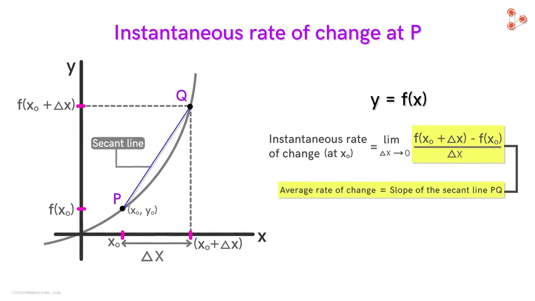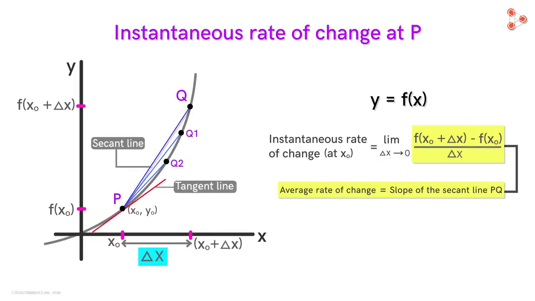Let's say we find the average rate of change between points P and Q1, Q2, and so on. We can see that as delta x tends to 0, these points come closer and closer to the point P. So as the limit delta x tends to 0, the secant line will pass through only one point P on the curve. That is, the secant line approaches the tangent line.